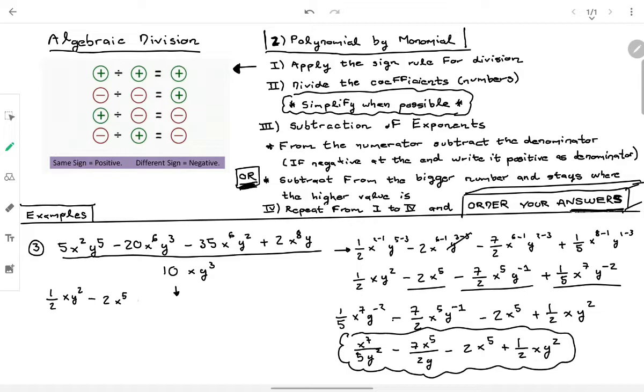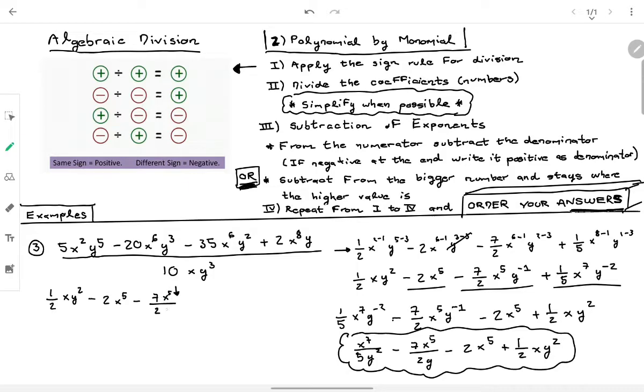Then it's going to be minus 7/2 of x to the 5th.